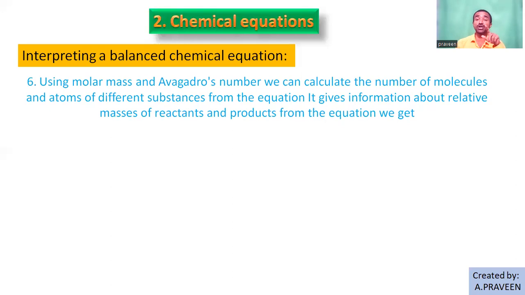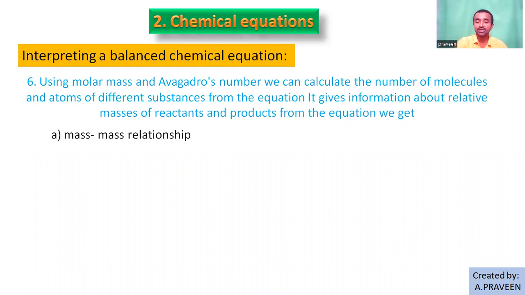It occupies 22.4 liters of volume. So this you need to know, right? Relative masses, relative volumes, relative numbers of molecules, so that you are able to give a relation between them. What relation can you give here?